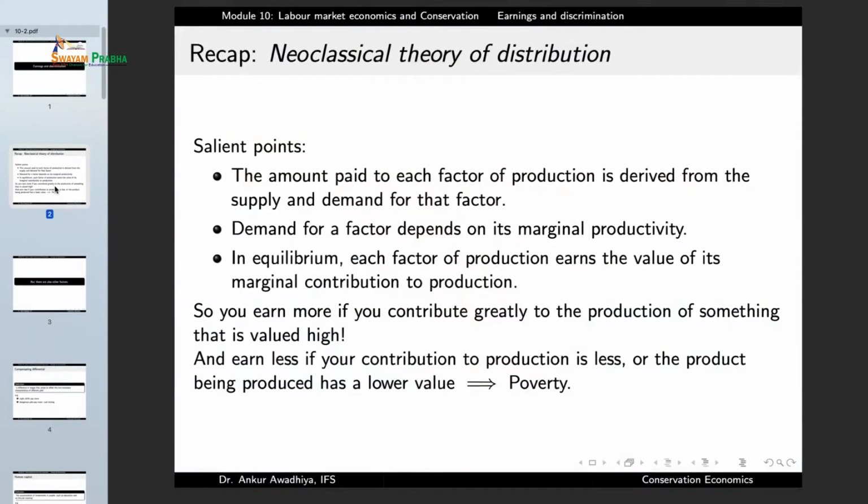Third, in equilibrium, each factor of production earns the value of its marginal contribution to production, which means that if somebody is contributing greatly to the production of something that is valued high, in that case, the person will be earning more. And a good example is people who work in making of a software that is valued high, and they are putting in the major share of making that software.